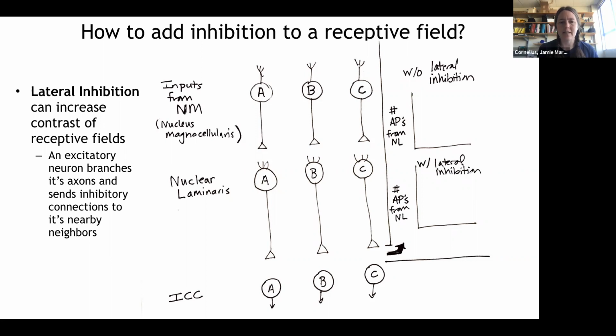The concept is basically that an excitatory neuron sends its excitatory axon down the line, from place B to B to B. So you have your nucleus laminaris up to the inferior colliculus, and then to the optic tectum.